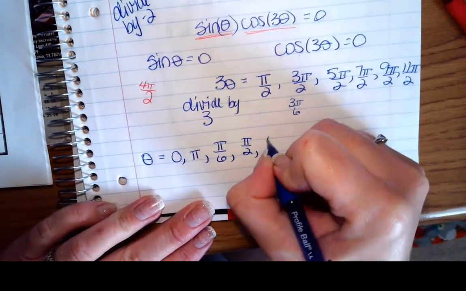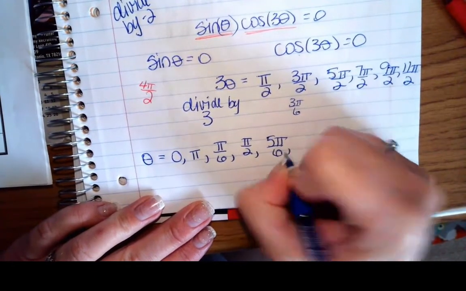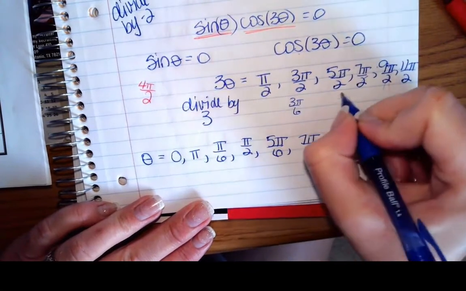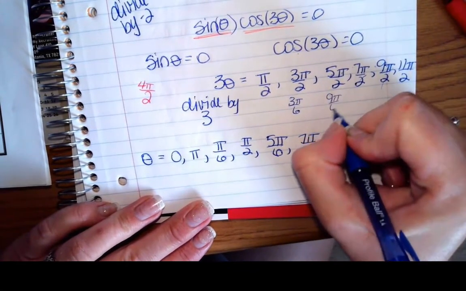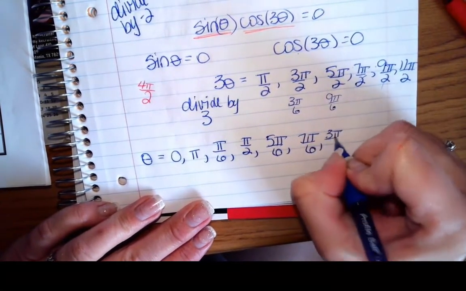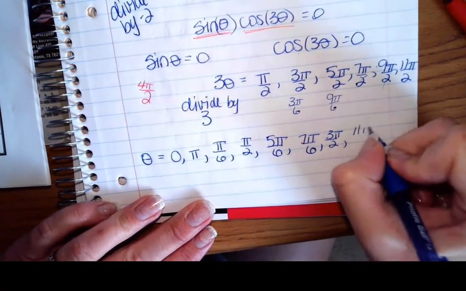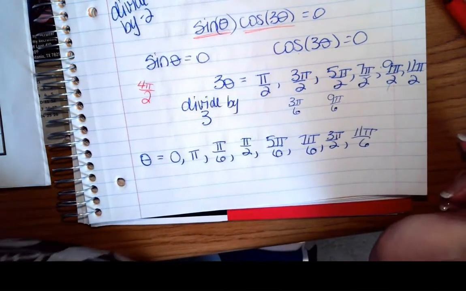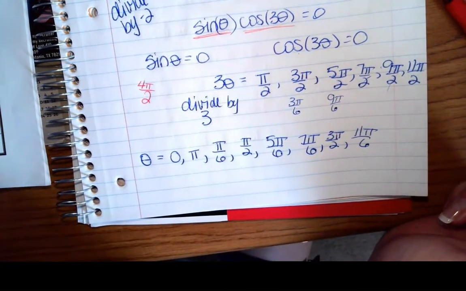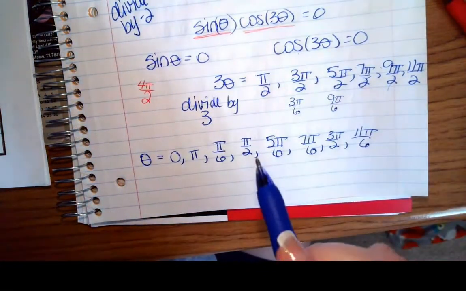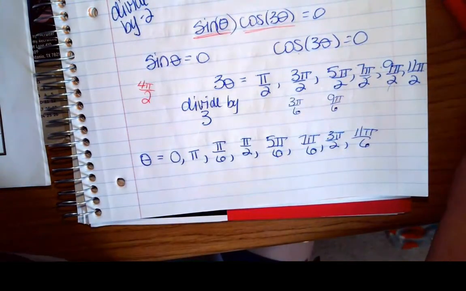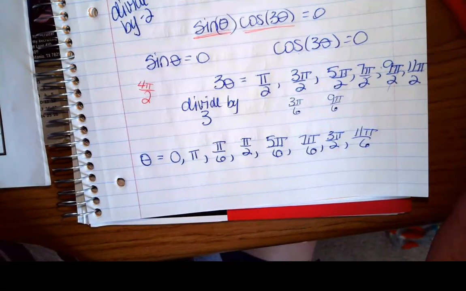Then 5 pi over 6, 7 pi over 6, 9 pi over 6. Well, 9 pi over 6 is 3 pi over 2. And then 11 pi over 6 takes you right up next to 12 pi over 6, which is 2 pi. So those are all of your solutions. And that is section 8.7. So you are now ready for your chapter 8 test.